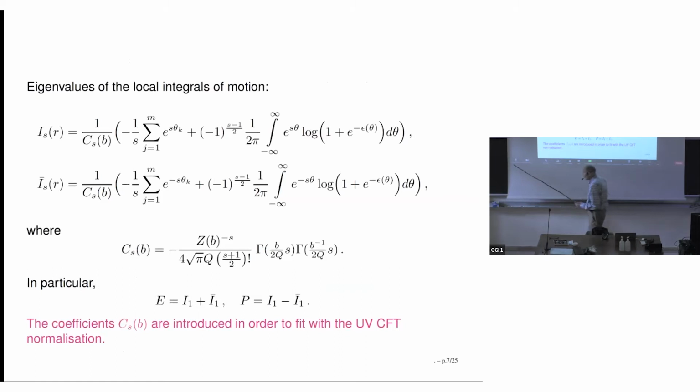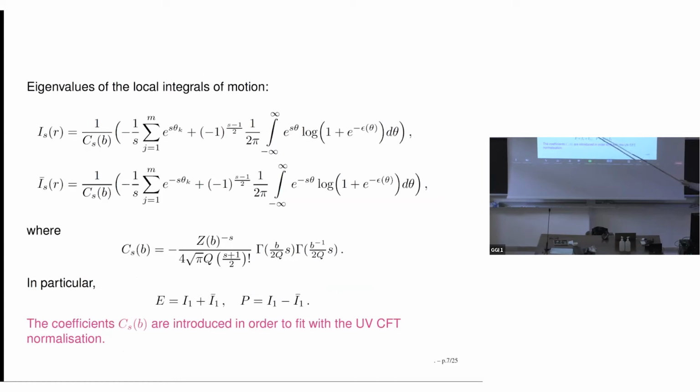Then, this is an integrable model. So in addition to the energy and momentum, I have infinitely many local integrals with all odd spins. And the eigenvalues are given by this formula.